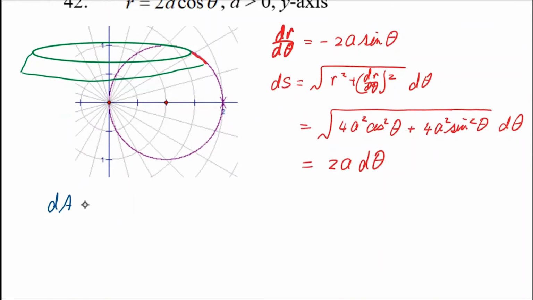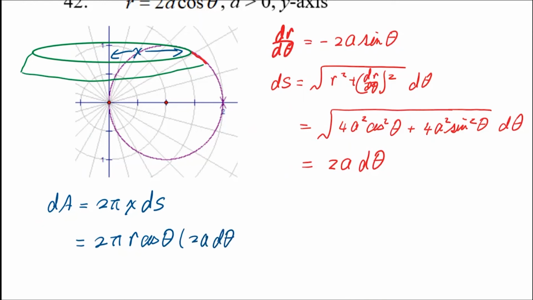So dA is equal to 2 pi, and this is x, from here to here. 2 pi x, and then ds, correct? And x, of course, is r cosine theta. And then ds is this, 2a d theta. So far with me?